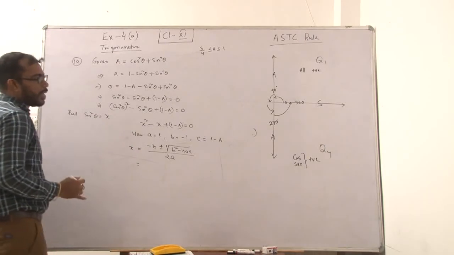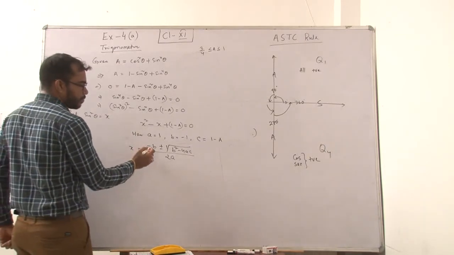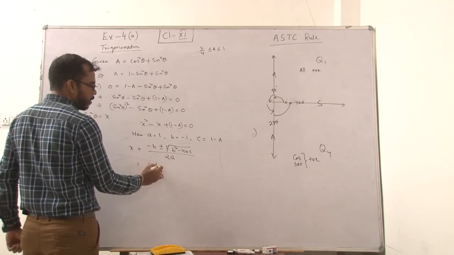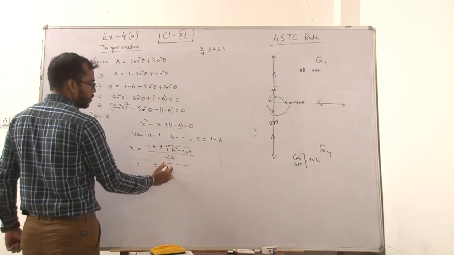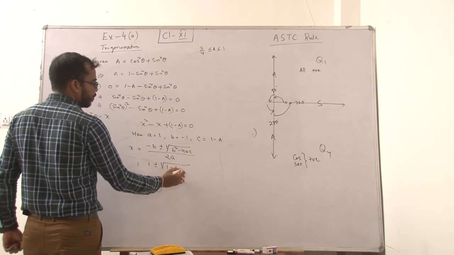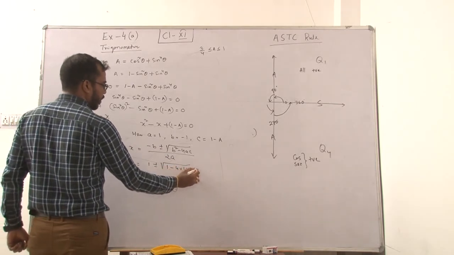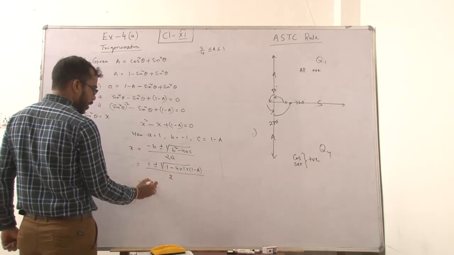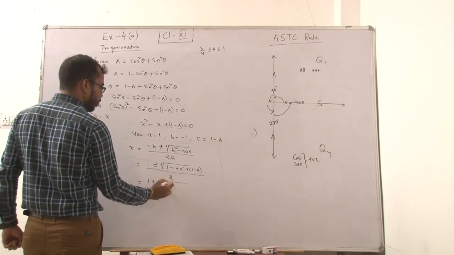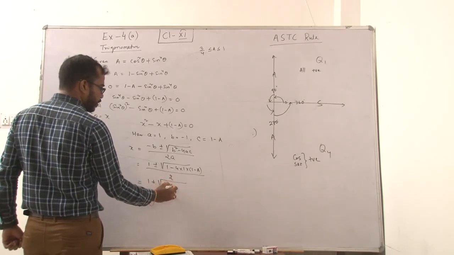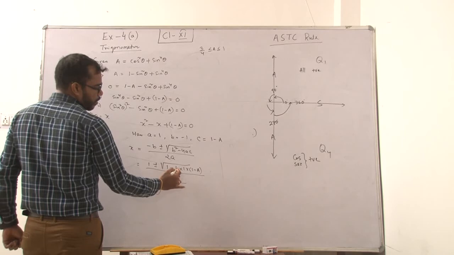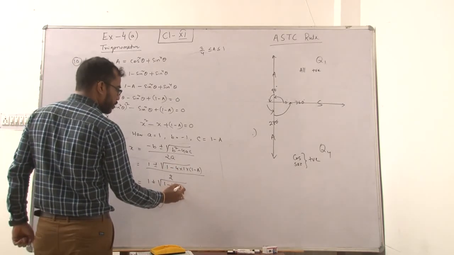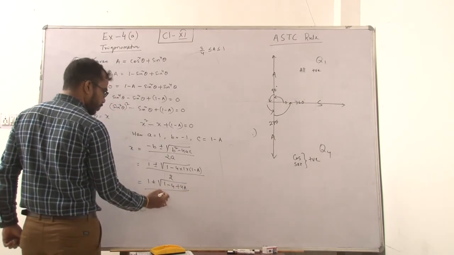If we put the value of b, that is minus minus 1, that is plus 1, plus minus root over b square, that is 1, minus 4 into 1 into 1 minus a, divided by 2. So here 1 plus minus root over of 1 minus 4 into 1 minus a, that is minus 4 plus 4a, by 2.